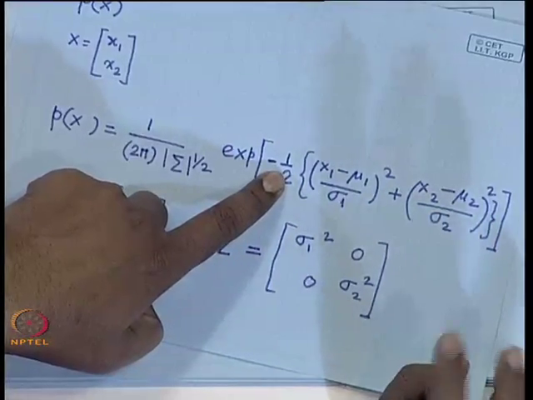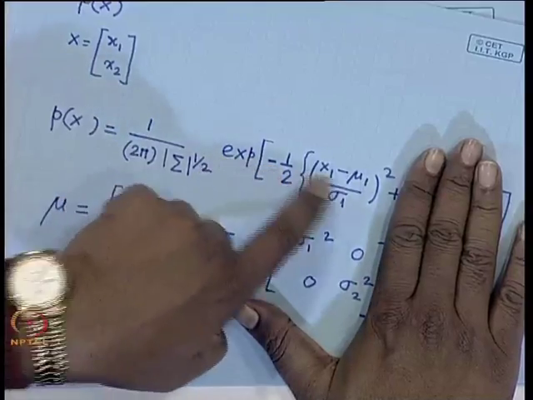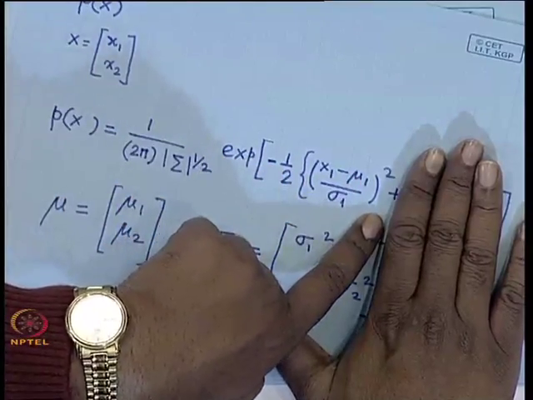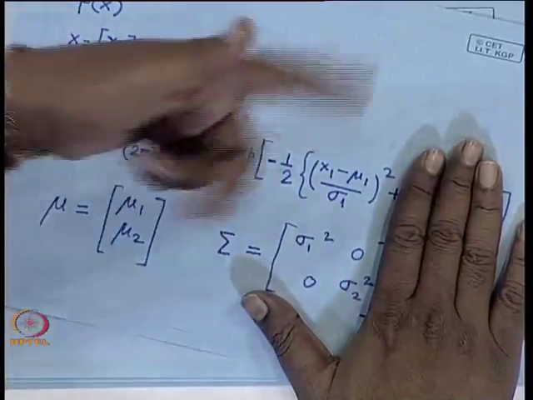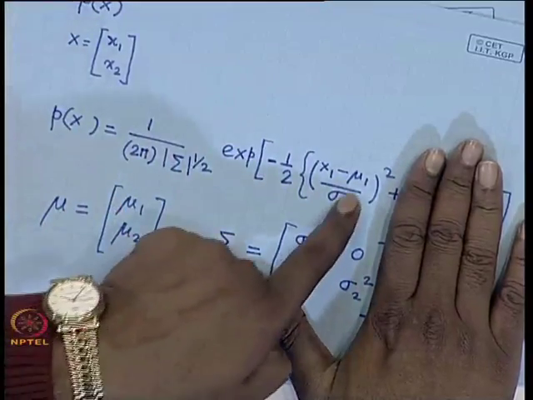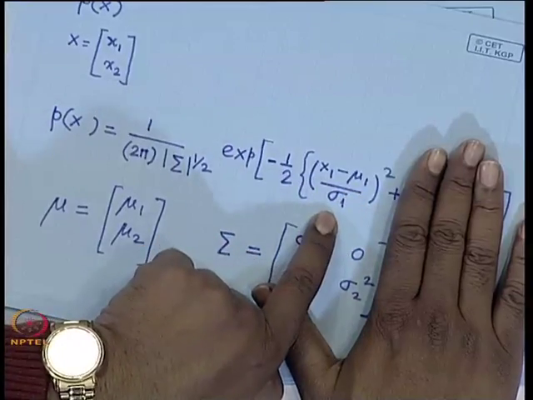When I consider only the first, it is actually a normal density along the x 1 direction with a mean value at mu 1 and the variance sigma 1.